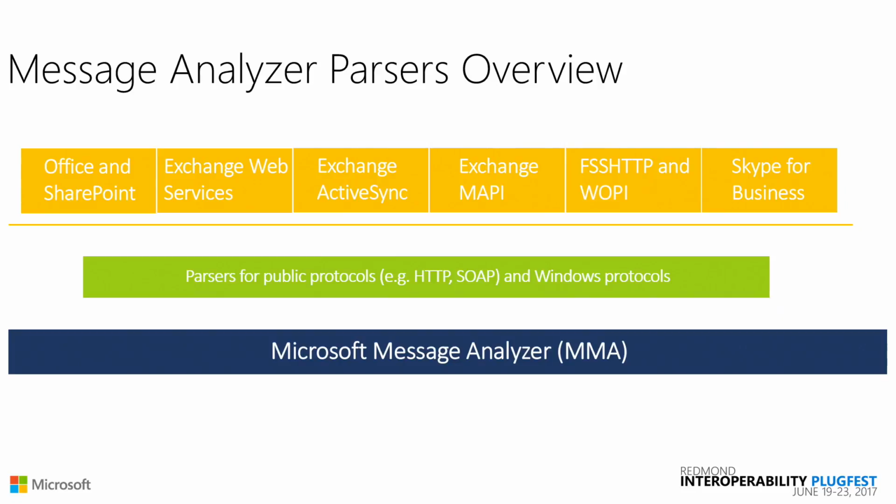And on top of that, these rows are all Office parsers, if you can see. For Office parsers, we have SharePoint, Office, Exchange, EWS, EAS, MIP. RPC is included in the MIP package, and FSS, HTTP, WAP, and also we have a set of parsers for Skype for Business.